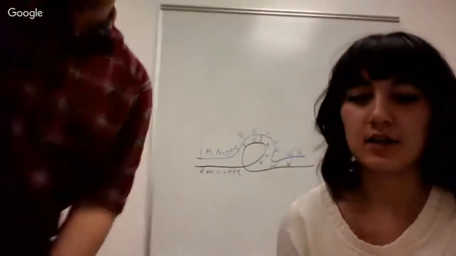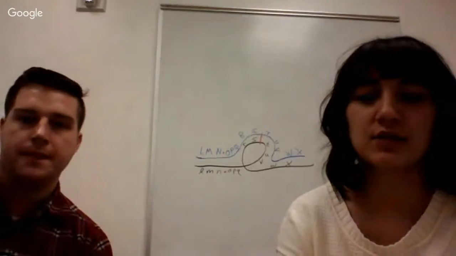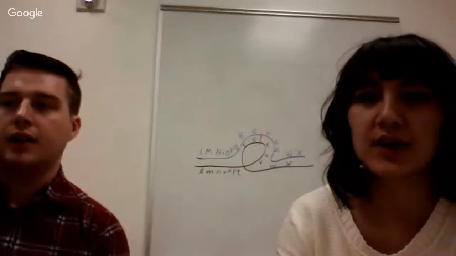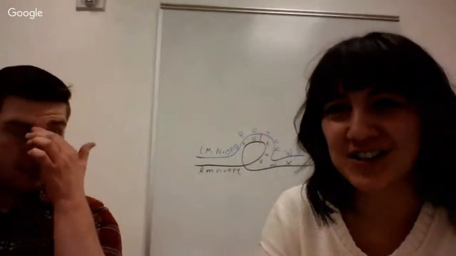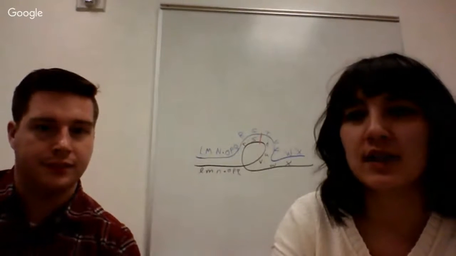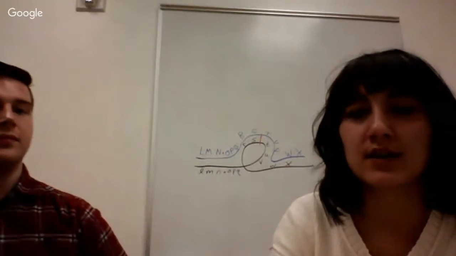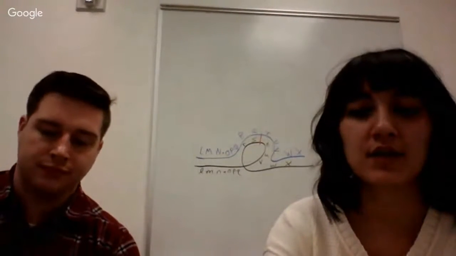Perfect. So for question number 2, it's just fill in the blank. So I'll just read the answers. For part A, it says non-disjunction in meiosis produces 50% aneuploid gametes, whereas non-disjunction in mitosis can produce mosaic phenotypes.